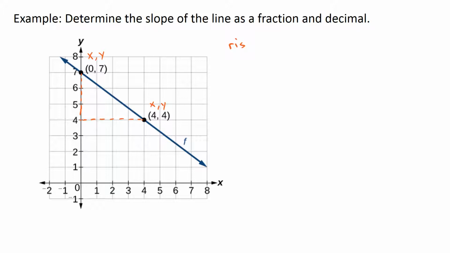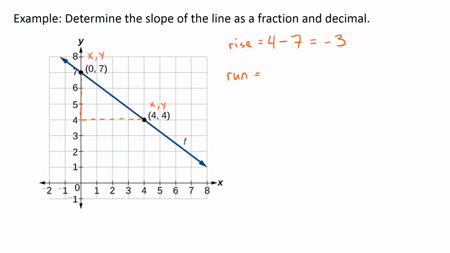Well, the rise looks like it's actually, instead of being a rise, a fall or a drop. And one way to calculate that is, again, let's do the y value. The later y value is 4, and subtract away the earlier y value, which was 7. That's negative 3. The rise is negative 3, or you can think of it as a drop of 3.